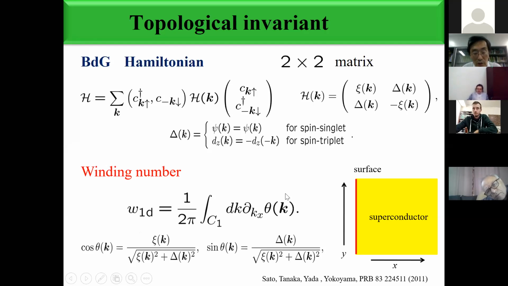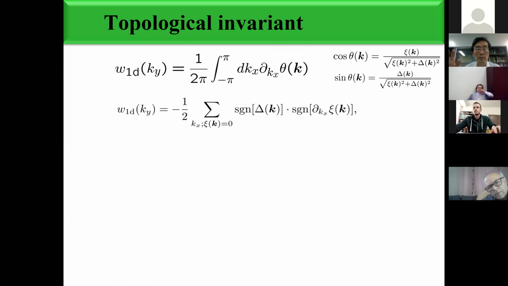And we integrate over theta. For example, in a periodic system, from minus pi to pi, and in an infinite, continuous system, we can write it from minus infinity to plus infinity by introducing some regularization. After some manipulation, the winding number can be transformed like that. We sum up momentum kx where ξ_k equals 0.